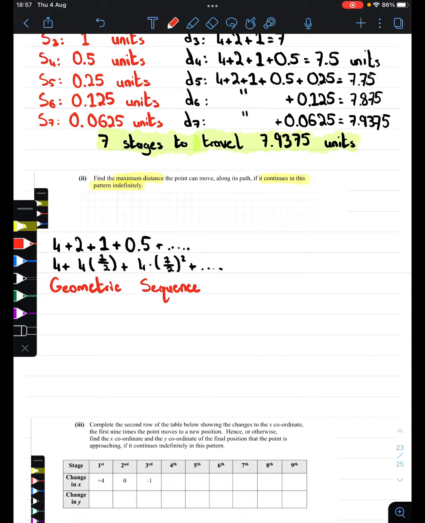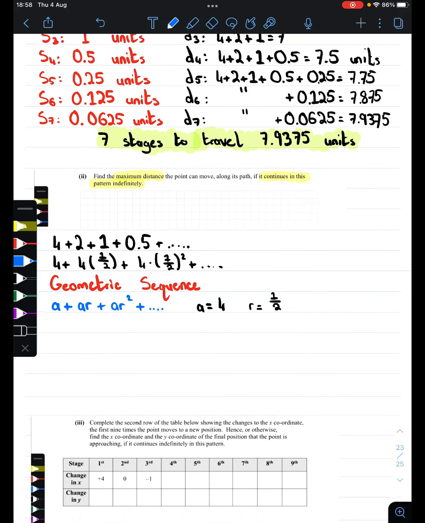Okay, so what does a geometric sequence look like? It looks like a plus ar plus ar squared plus and so on forever, where a is our starting value and r is our ratio. So in this case, our starting value is 4 and our ratio is a half. It's decreasing by a half each time. And we have a formula in the log tables.